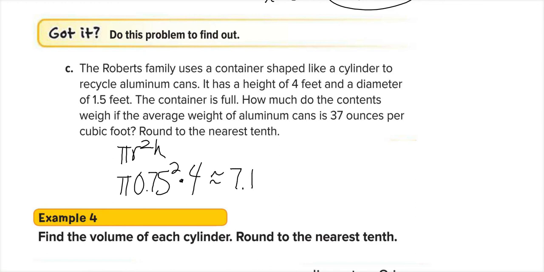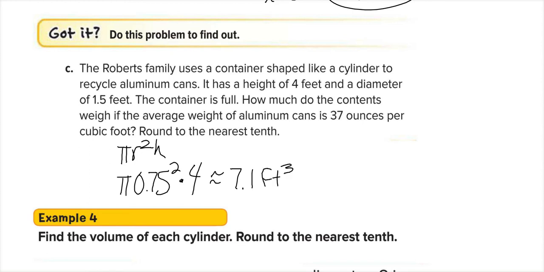Okay, now that's how much, let's see here. Okay, that says how much do the contents weigh if the average is 37? Okay, now we gotta figure out for 37 ounces. Okay, so that's how many cubic feet we have. So that's feet cubed.